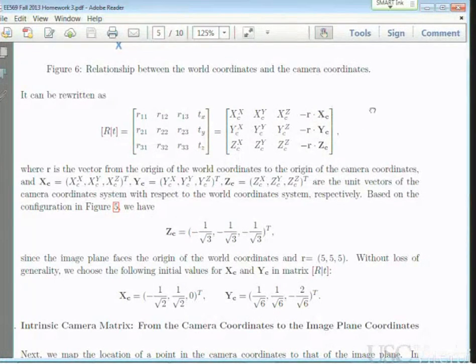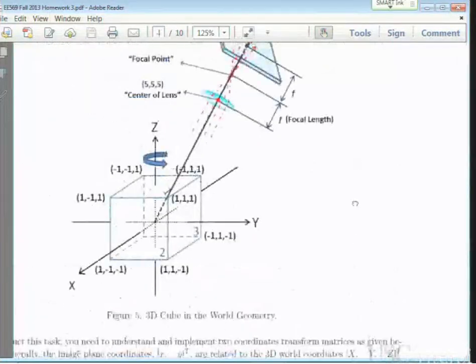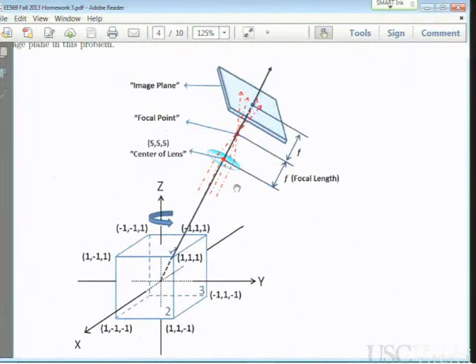And what's the R? R in this example is the focal length, or R is here actually. R, you need to know the image plane. So you found it at this location.